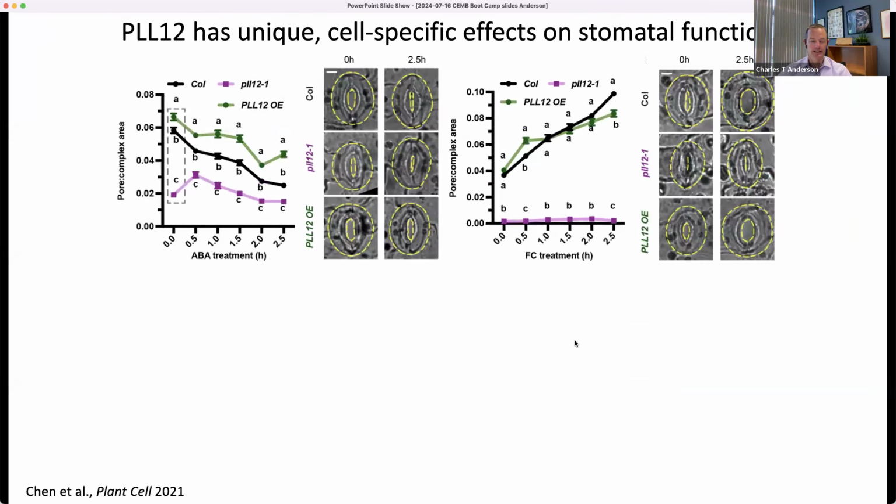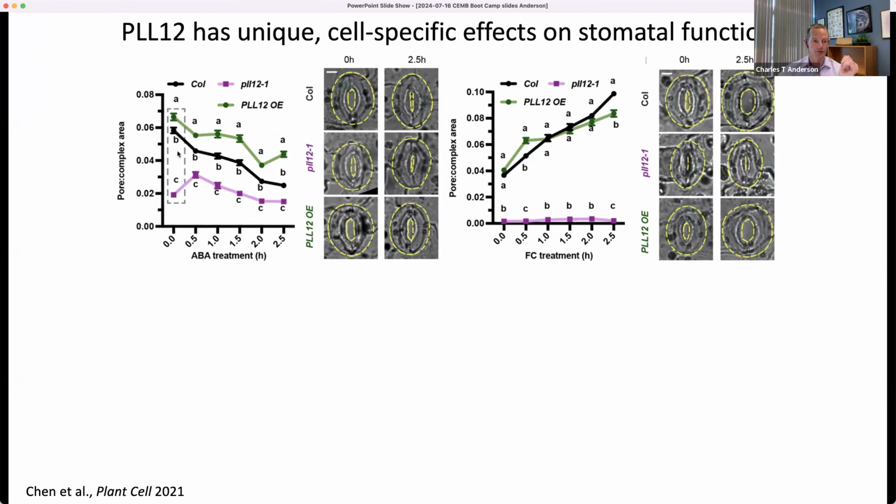We then studied the stomatal responses of this PLL12 set of mutants, especially the knockout and overexpression lines, to two treatments that cause either stomatal closure or stomatal opening. One of the classic drought hormones in plants is called ABA, or abscisic acid, and this causes the stomatal pores to close.